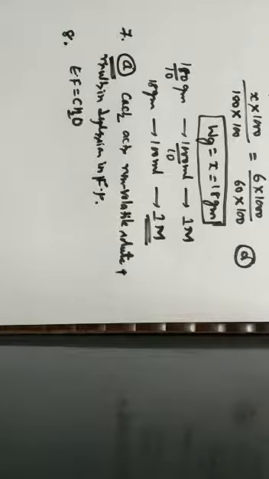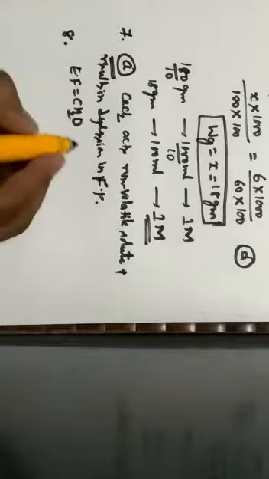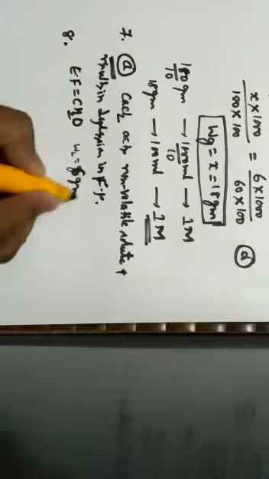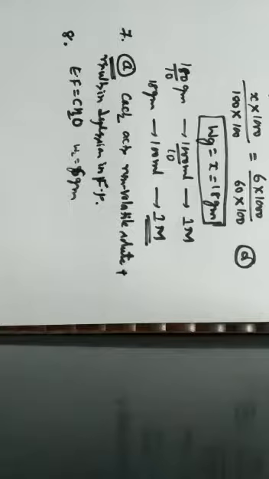Here they are telling that the mass of the solute is how many grams? 6 grams. So that is W2 equal to 6 grams. A solution containing 6 grams of the compound exerts the same osmotic pressure as that of 0.05 moles of glucose solution at the same temperature.